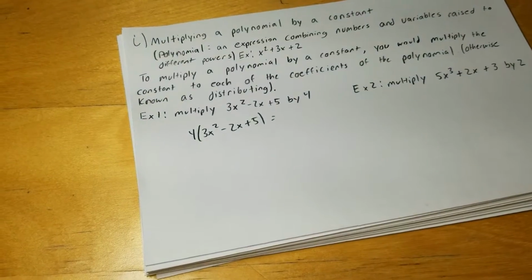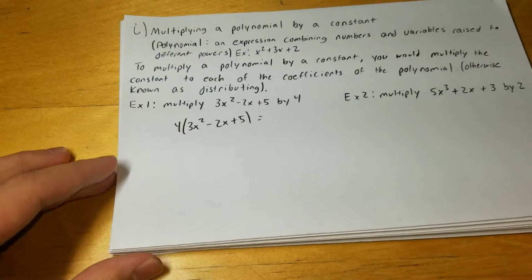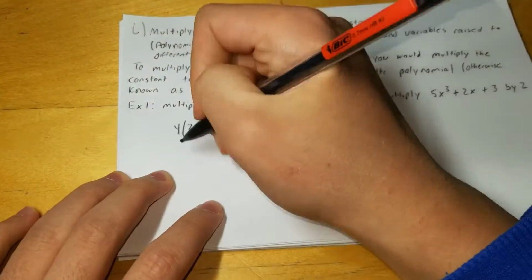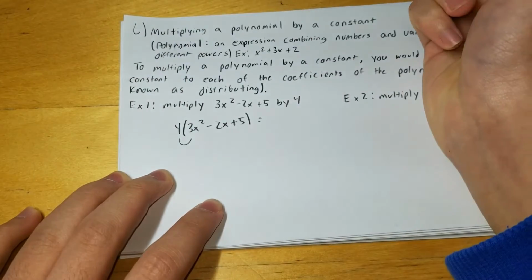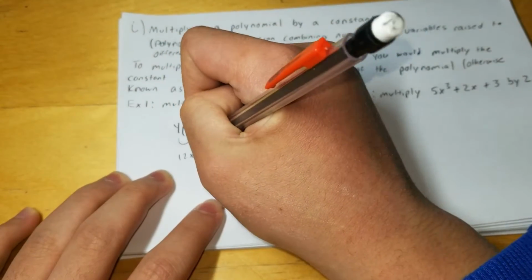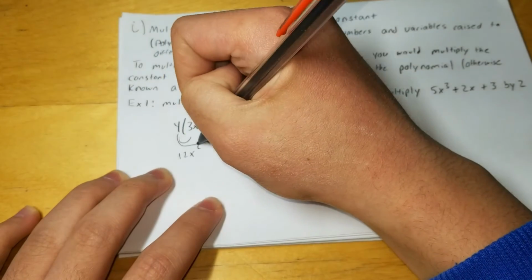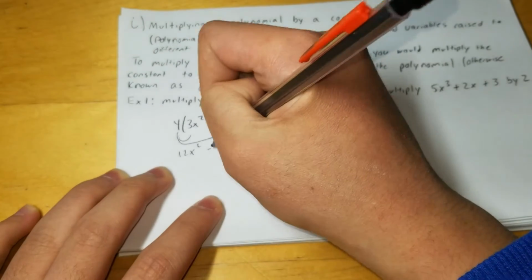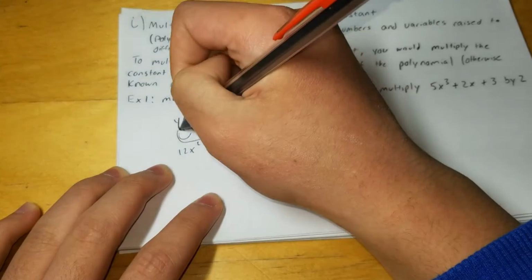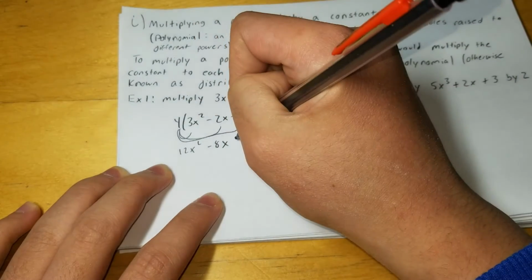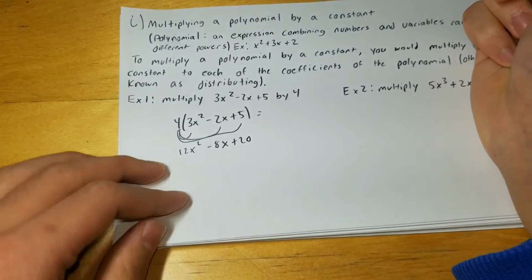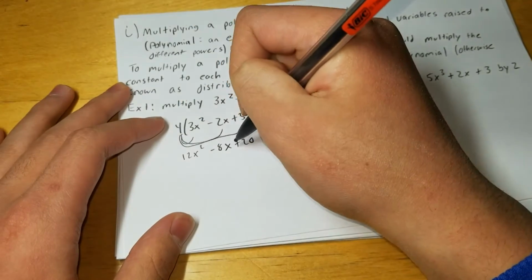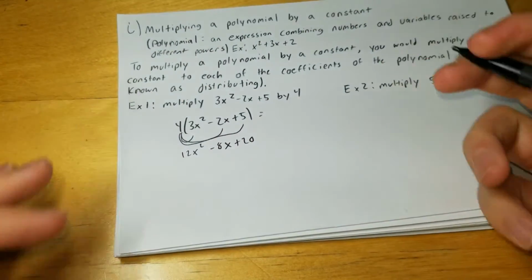And then I would basically distribute. So 4 times 3x squared, 12x squared, 4 times negative 2x, negative 8x, and 4 times 5, which is plus 20. So your final answer would be 12x squared minus 8x plus 20.